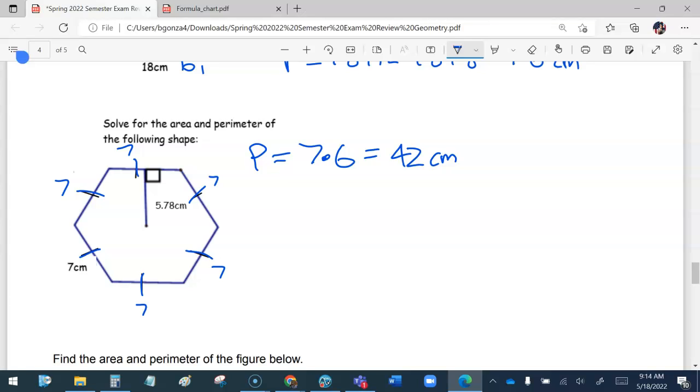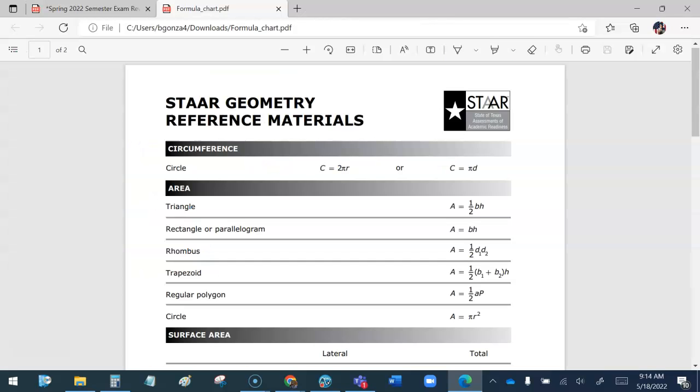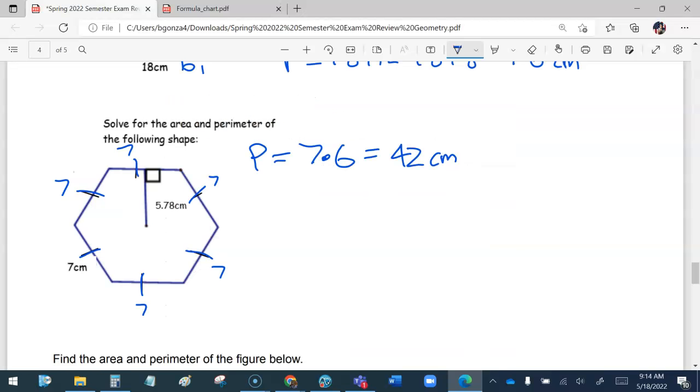That's great. But for this regular polygon, we have to remember the area of a regular polygon is 1/2 little a times P, and little a is the apothem from the center to the midpoint.